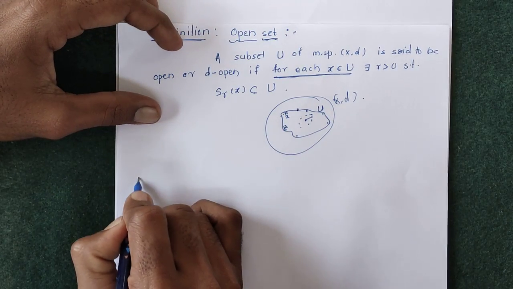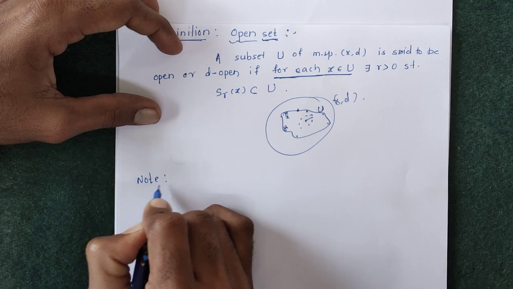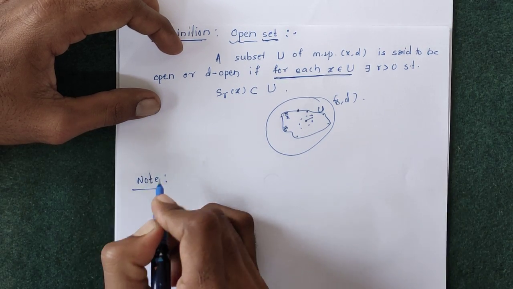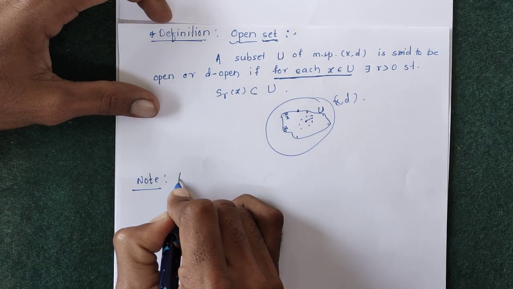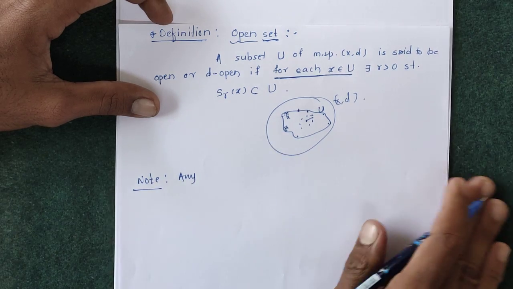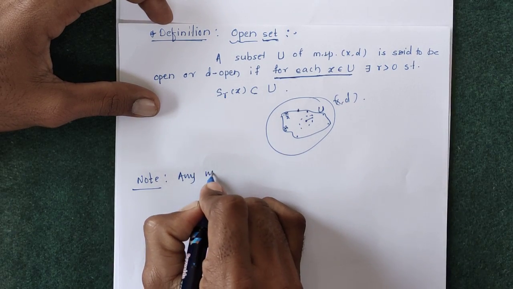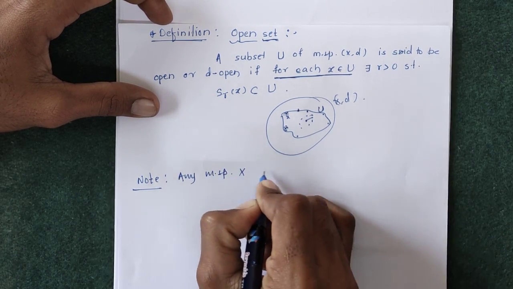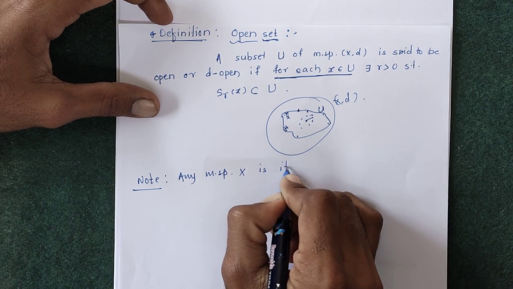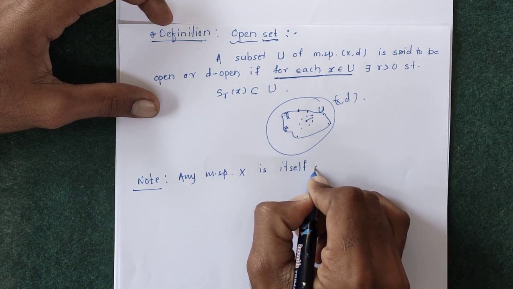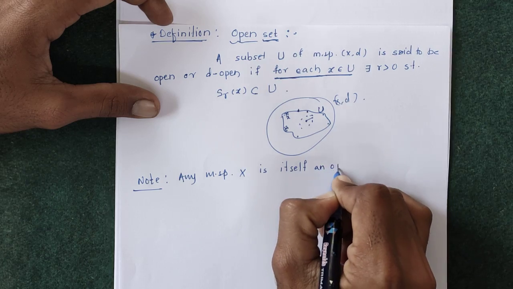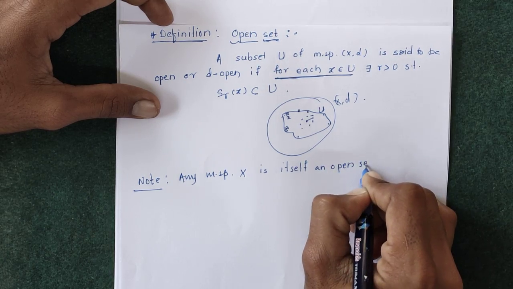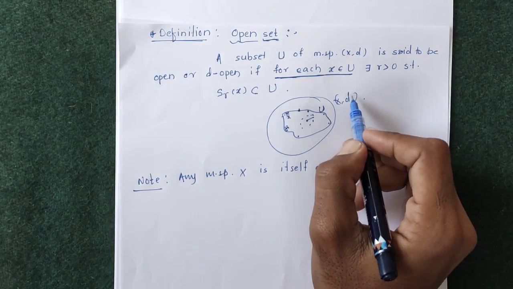Now we will take one note. Any metric space X is itself an open set. Suppose (X, d) is a metric space.